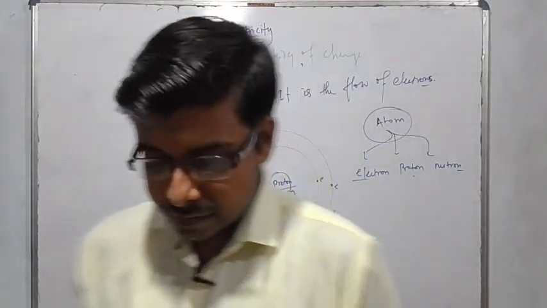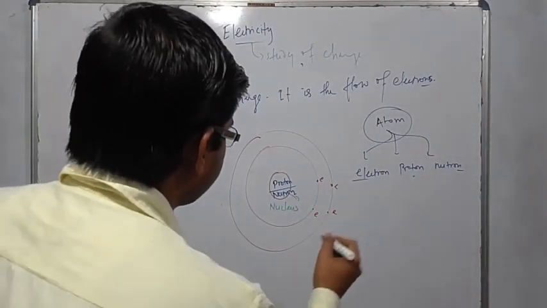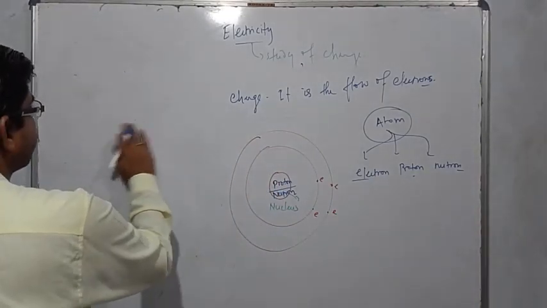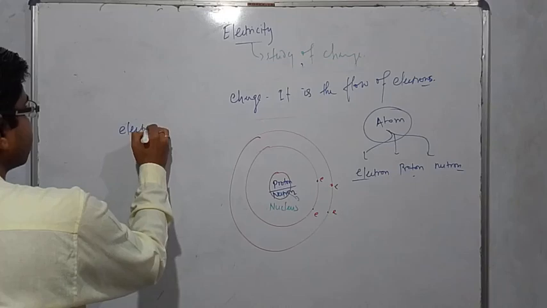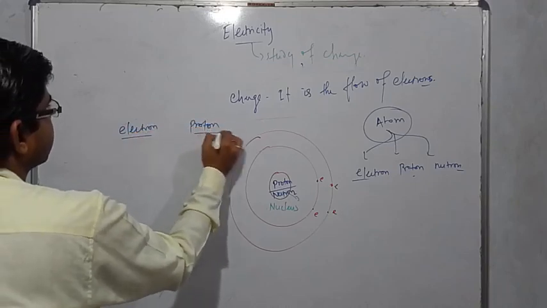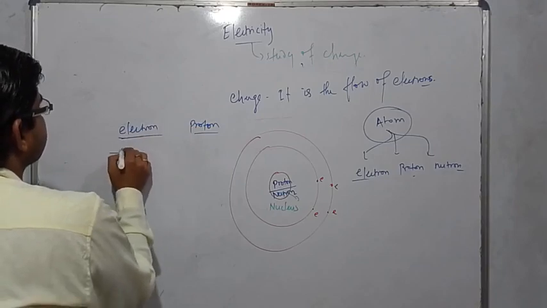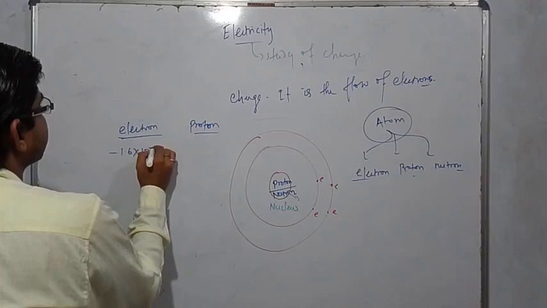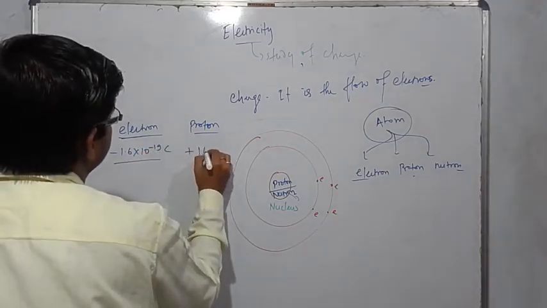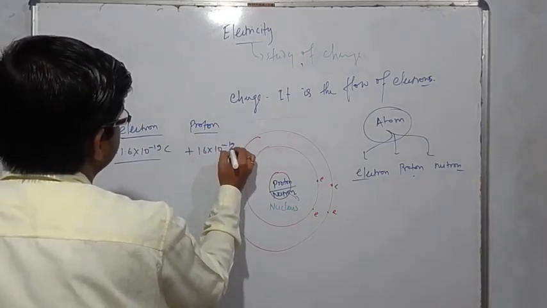When the electron and proton were discovered, people came to know that the charge on an electron is minus 1.6 into 10 to the power minus 19 coulomb, and the charge on a proton is 1.6 into 10 to the power minus 19 coulomb.